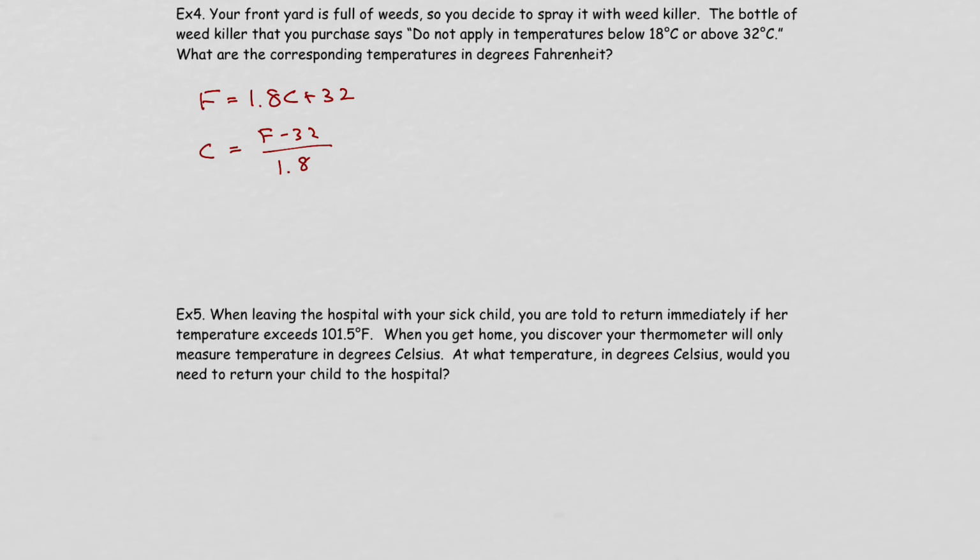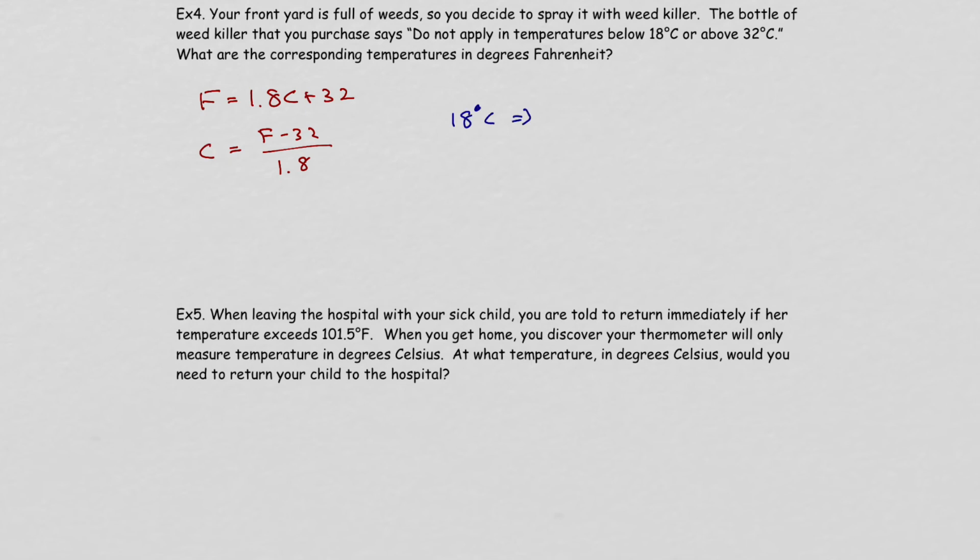With those formulas, if we want to do example 4, you have 18 degrees Celsius.